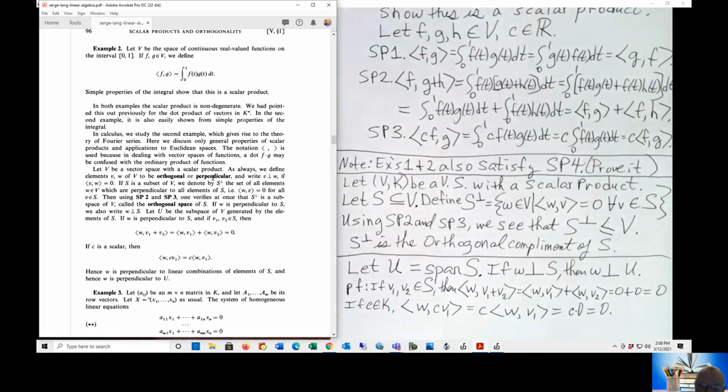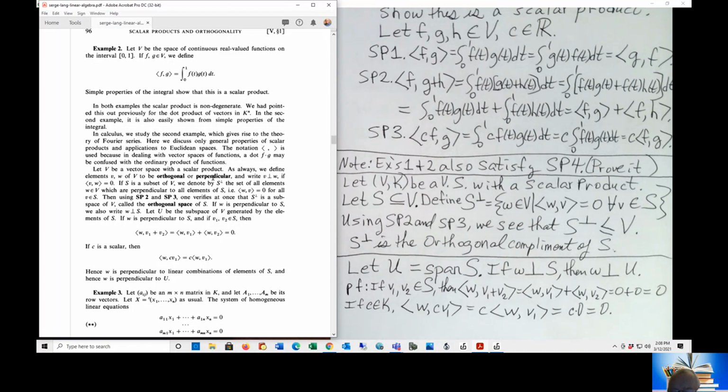Now, using the scalar product properties, if a vector w in V is perpendicular to S, then it would necessarily also be perpendicular to U. And you see the proof there using SP2 and SP3: if v1 and v2 are in S, and then you look at w inner product with the sum, it distributes, you get 0 plus 0 is 0, and the scalar factors out, you get c times 0 equals 0.